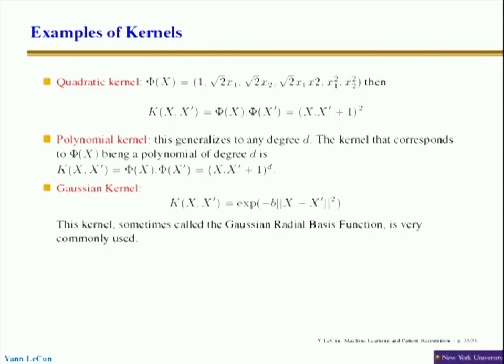So I just want to mention very briefly, just to put things in perspective, even though this is not the topic of this course, that this kernel idea of comparing samples with each other with a kernel function actually allows you to do things like polynomial classifiers in very high dimension without paying an exponential price. That's the cool thing about this.